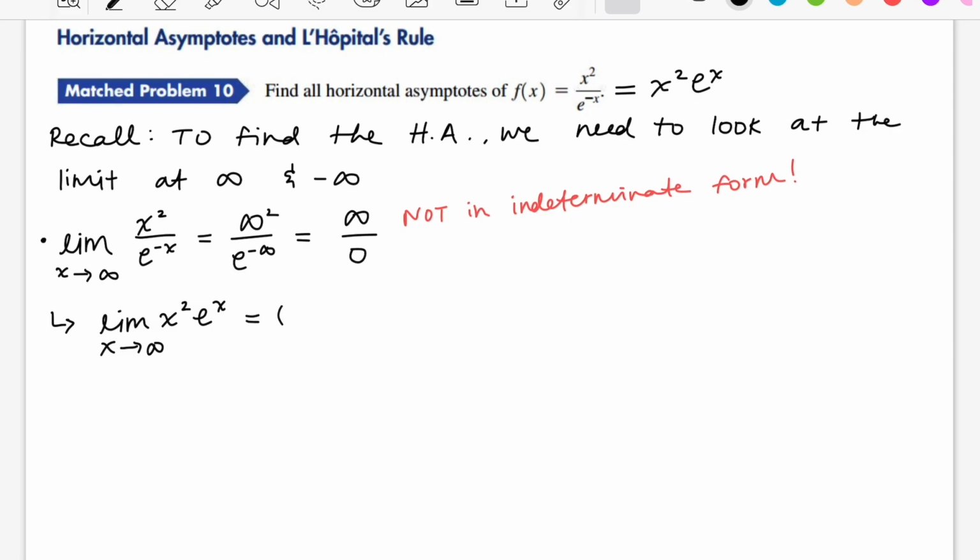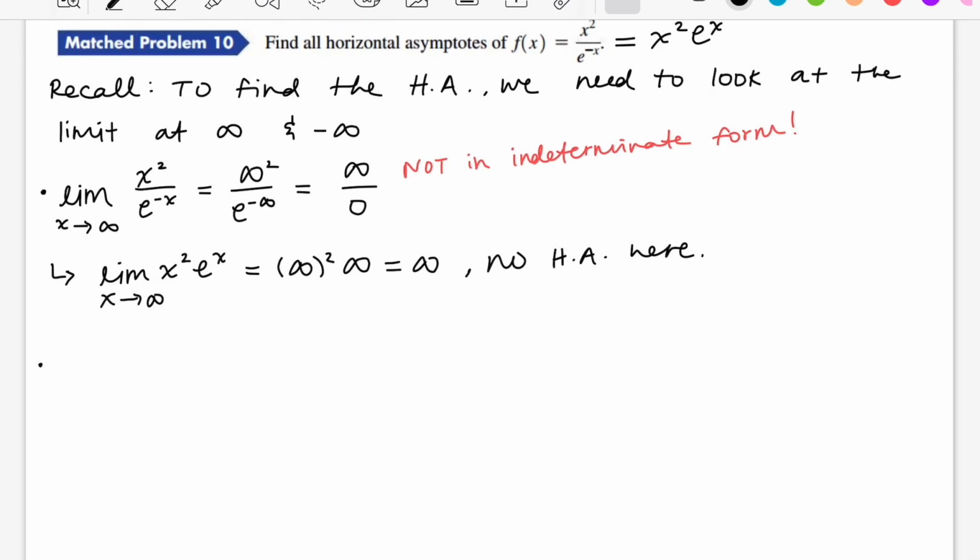So in this case, we'll just get infinity squared, and then e to the power infinity was infinity. We again saw that in the limits we looked at the beginning for our exponential and log functions. And so this is just equal to infinity. So in this case, we have no horizontal asymptote here. And that's fine, we'll just state that.